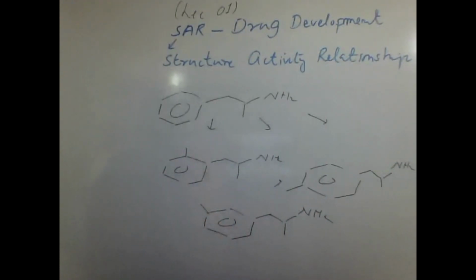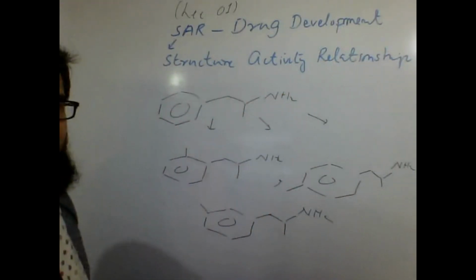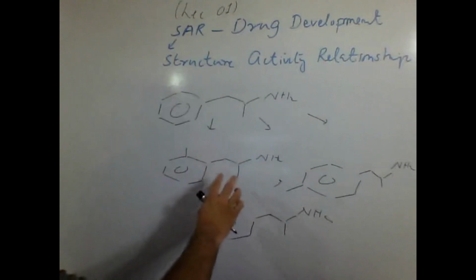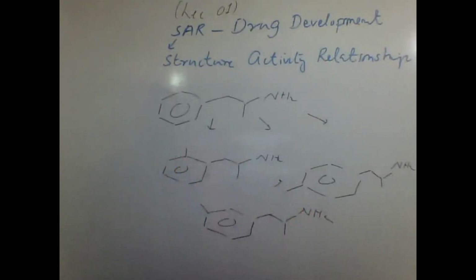You could see nothing special is done over here. This is the actual molecule. New analogs were prepared by simple methylation at the benzene ring, ortho, meta and para.